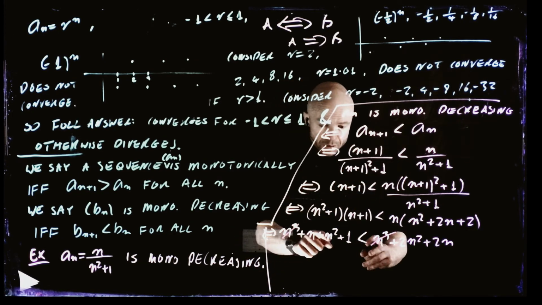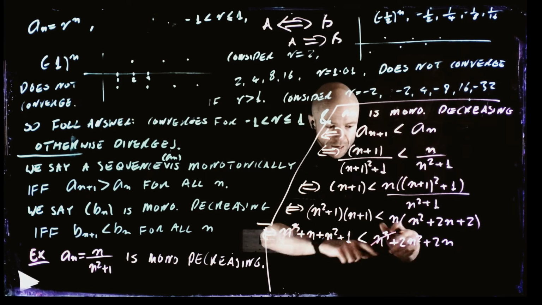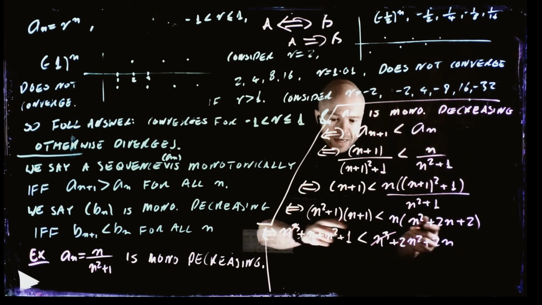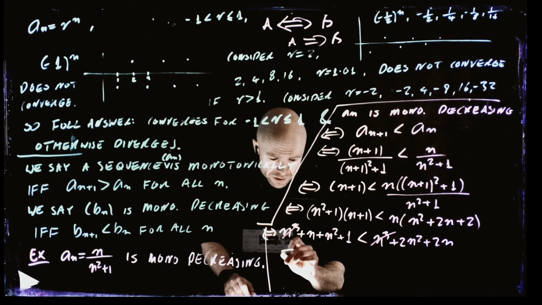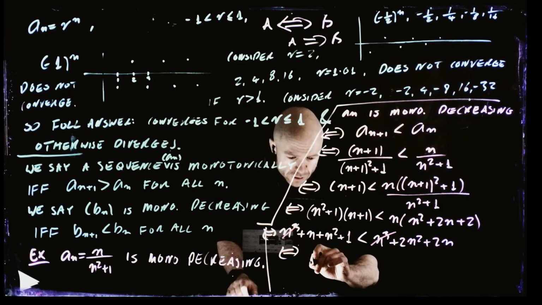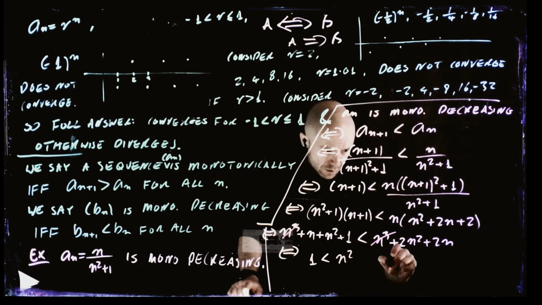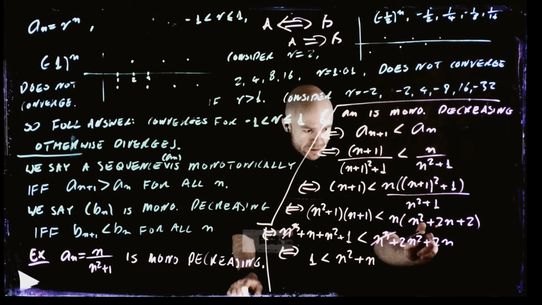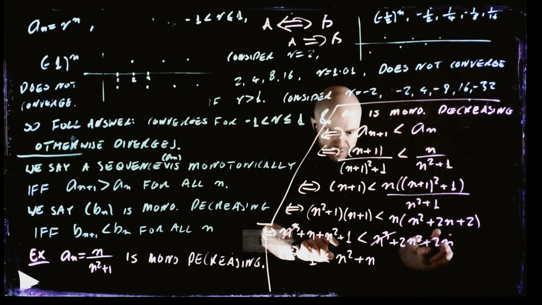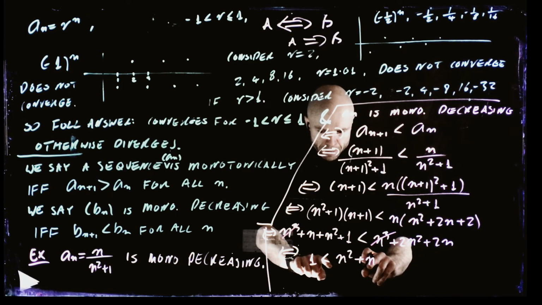Well, I believe that too, because I can subtract n squared from both sides, and I can subtract n from both sides, and then this thing is logically the same as 1 is bigger than n squared plus n, and that's it. Yeah, so I subtract n from both sides, and I subtract n squared from both sides, and then that's what I get.